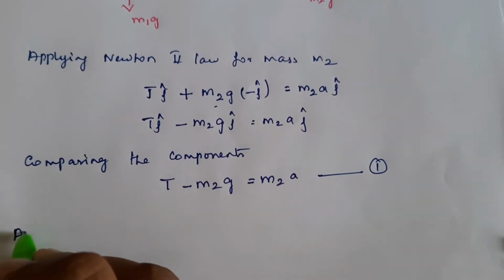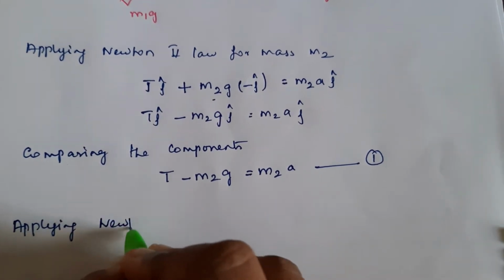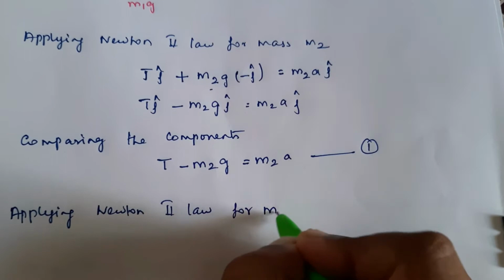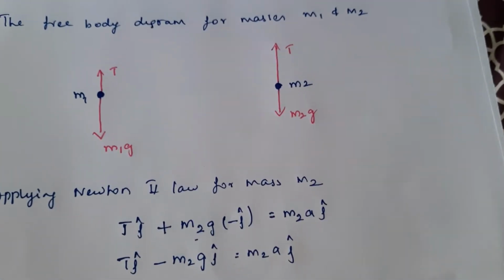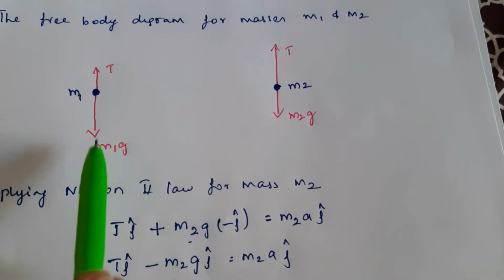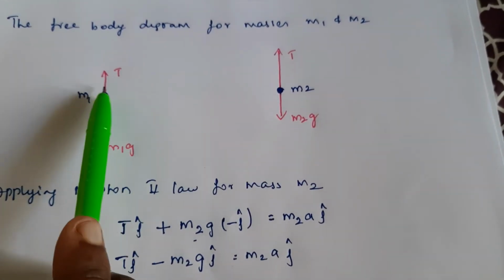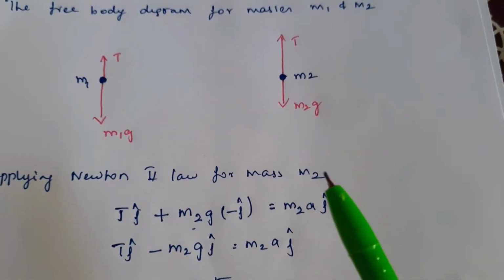Now applying Newton's second law for mass m1. For mass m1, the downward force is m1g and the upward force is T. Here it is the positive y direction, and here it is the negative y direction.